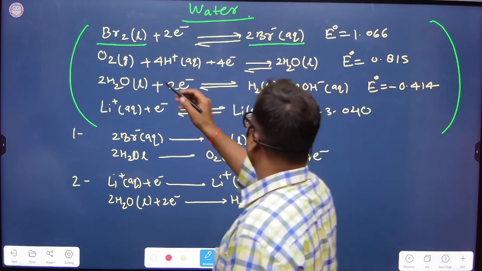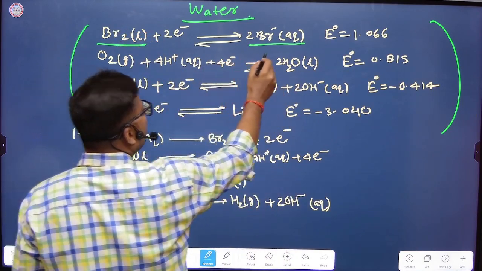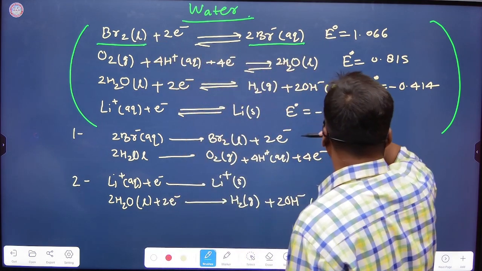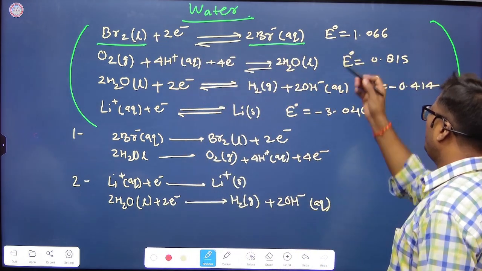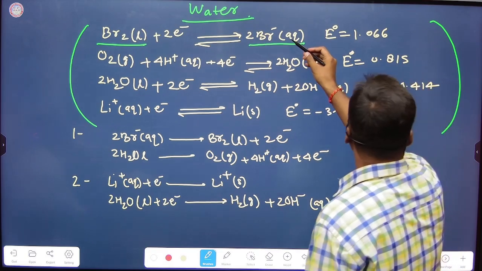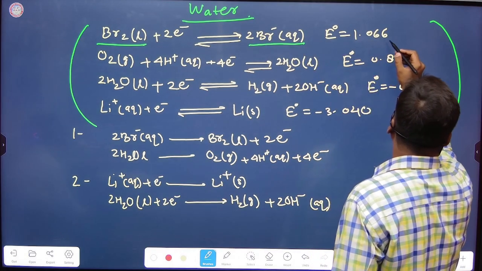Here the oxidation number is 0 and here the oxidation number is -1. So it is a kind of reduction reaction. The electrode potential or EMF value of this reduction reaction is 1.006 volt.